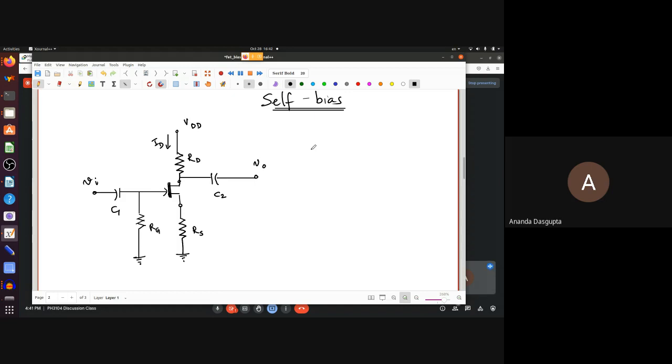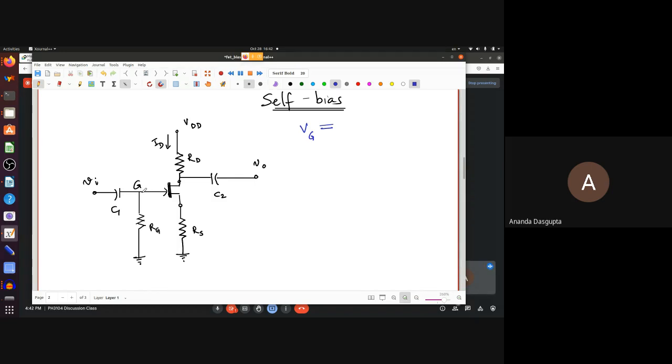And the answer is simple. How much is VG here? Okay, this is the gate. Let's use the blue pen to write this. Again, I'm talking about the DC part. How much will VG be?